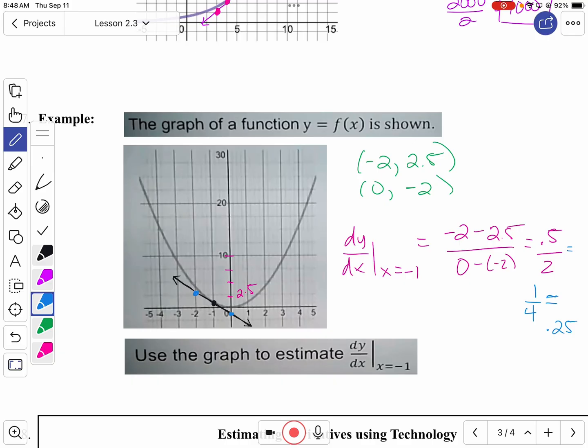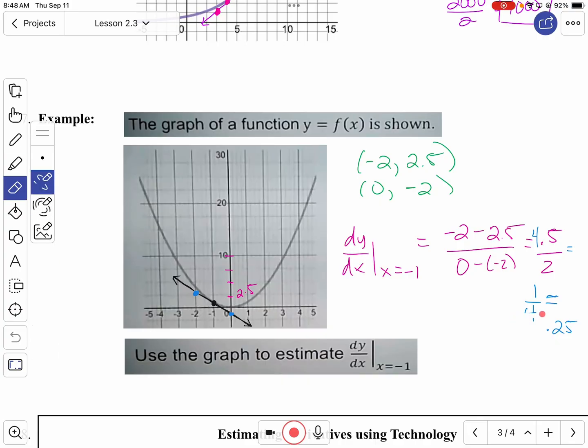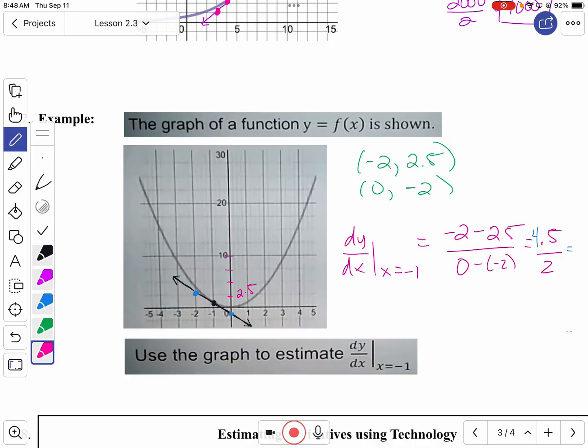It would be -4.5. Oh, yeah, you're right. Sorry, -4.5 divided by 2. I just looked at it and went, wait a minute, that's not right. And then what does that give me? -2.25. Yeah.